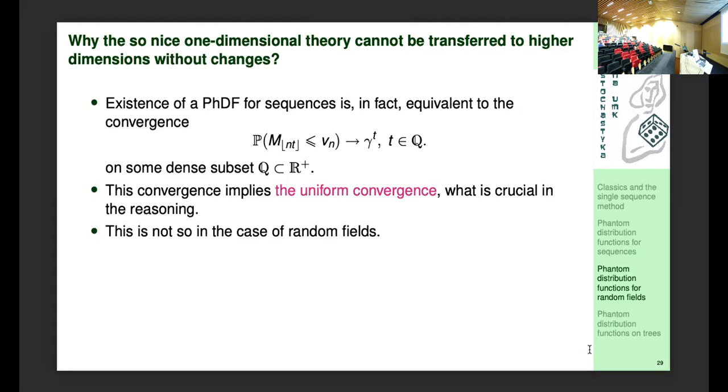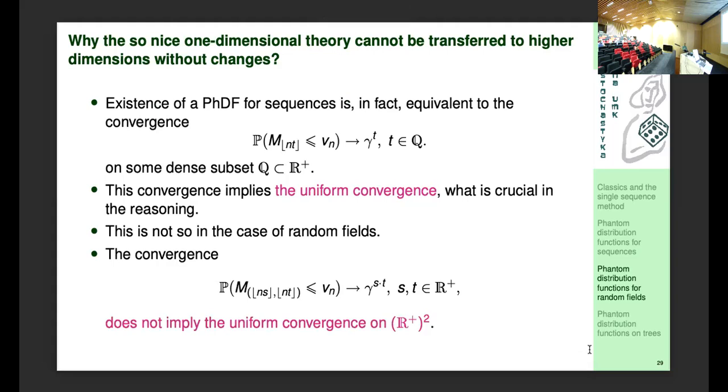If we have random fields and we consider the following function of S and T, so it's a function on R plus. Suppose it converges pointwise to some limit over some dense set, or even on R plus, but this convergence does not hold in a uniform way.